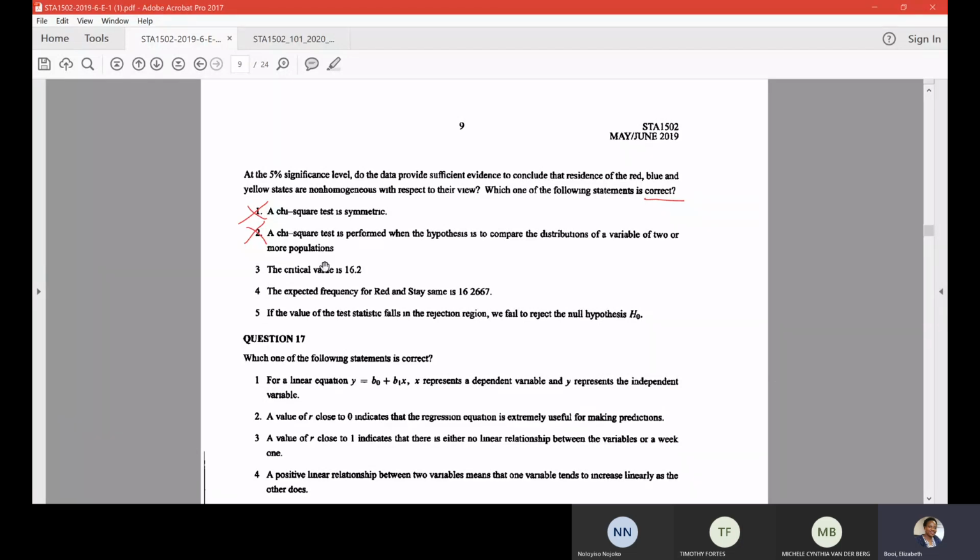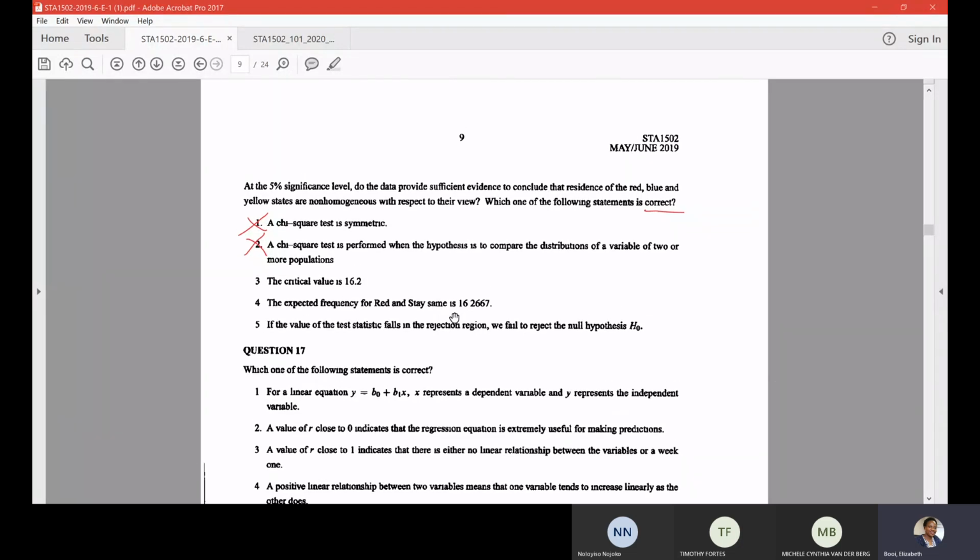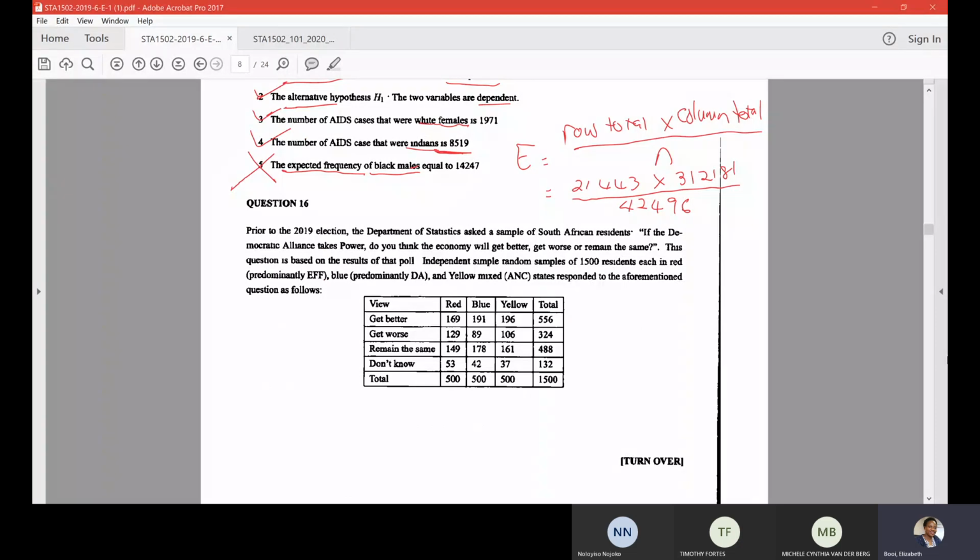What will be the critical value? So remember, for this, we will find the critical value of chi-square using alpha and your degrees of freedom. The degrees of freedom is your number of rows minus 1 times the number of columns minus 1. How many rows do we have? 1, 2, 3, 4, excluding the total. So we have 4 minus 1 times how many columns?